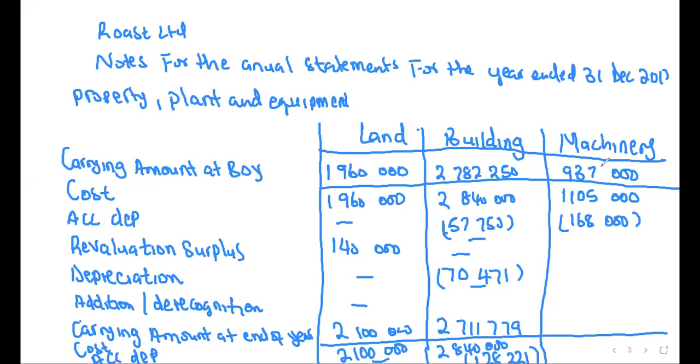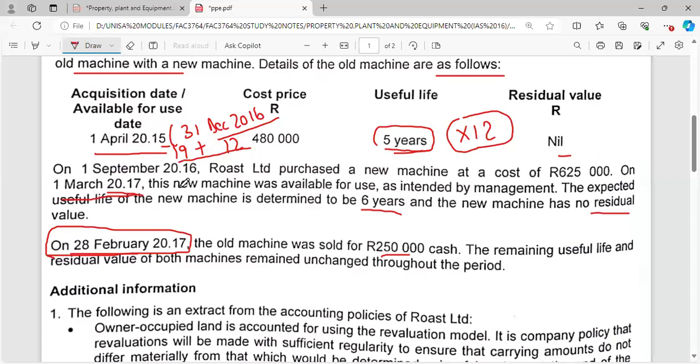I would like to ask, when was this new machine purchased? Was it not purchased during the current year? Let me just double check. When did we purchase the new machine?